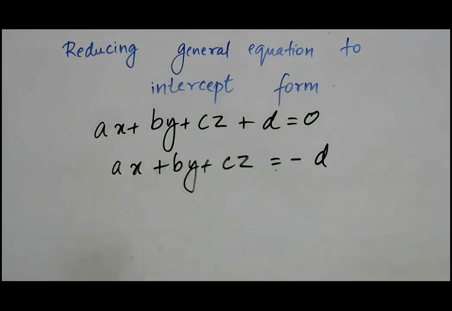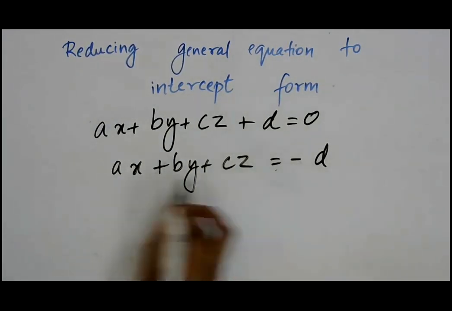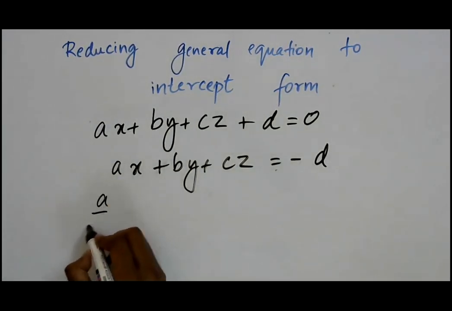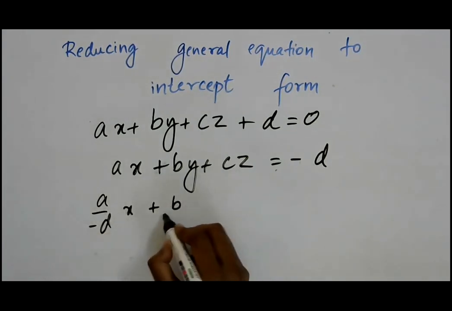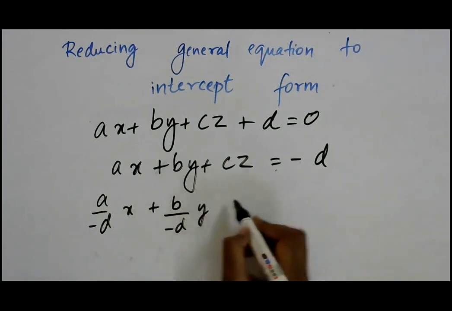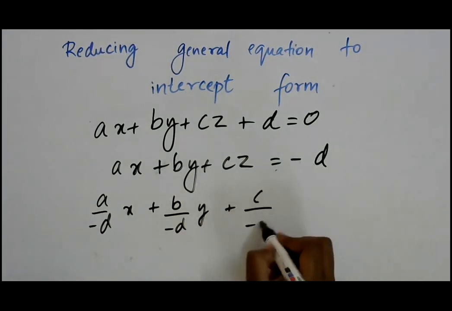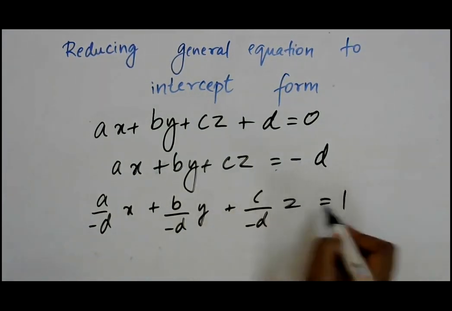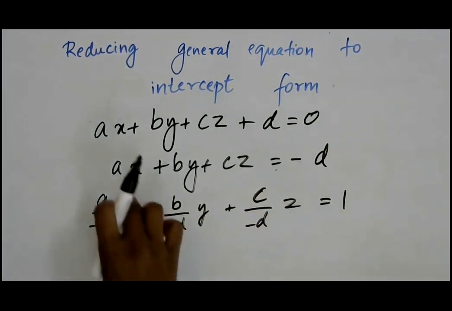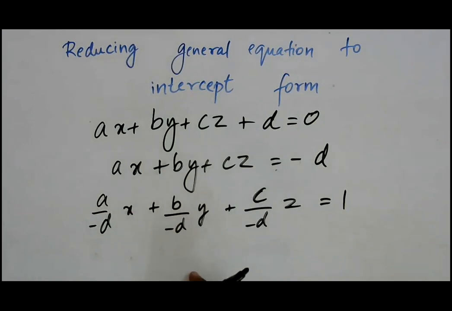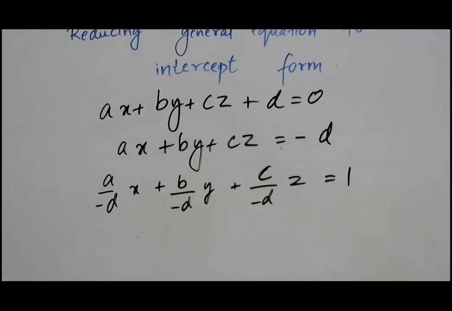So dividing it throughout by minus d, we have a upon minus d x plus b upon minus d y plus c upon minus d z is equal to 1. So our right hand side is being tallied. So we just have to express this as x upon something plus y upon something plus z upon something, right?